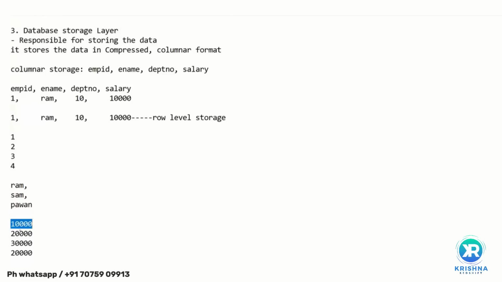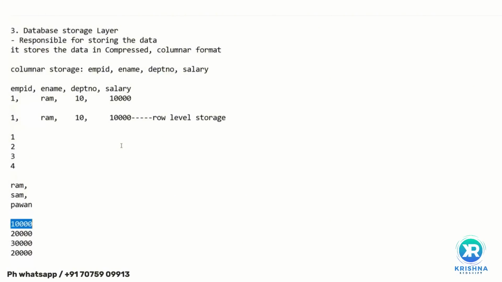Only this 10,000 value is brought from disk to main memory. With column level storage, you are not unnecessarily fetching data from storage to main memory, so it saves a lot of IO.